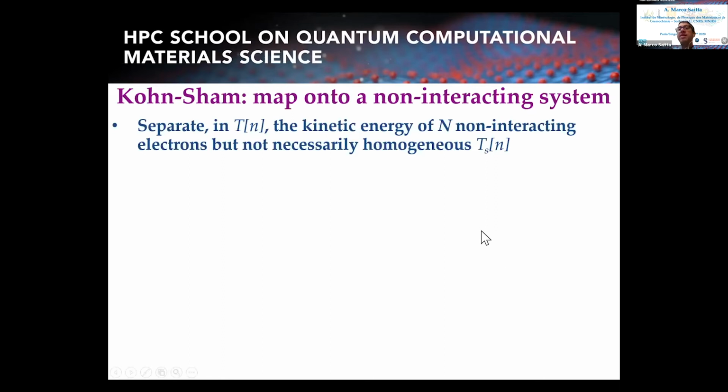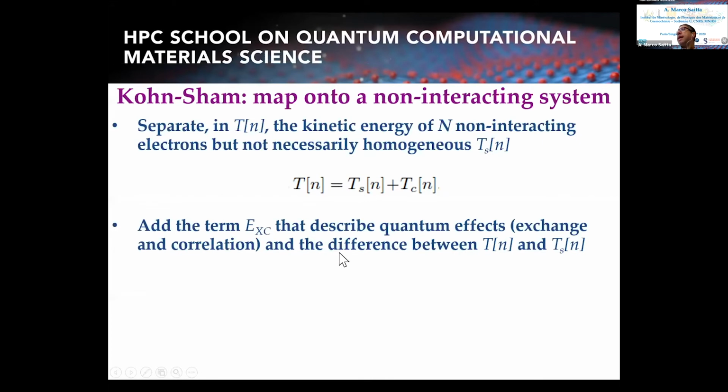Again, I will skip the details because this is not the place to do that. But still, this fictitious system allows us to build a kinetic energy which is the one from non-interacting single particle orbitals, and to put everything related to the quantum interactions among orbitals, both from the kinetic part and from the interaction part, within a single term that we call exchange and correlation.